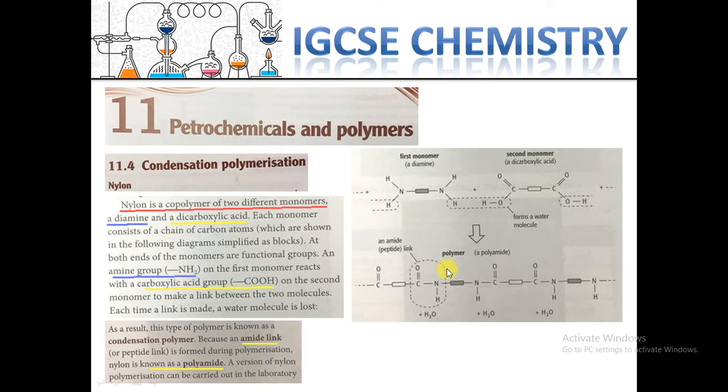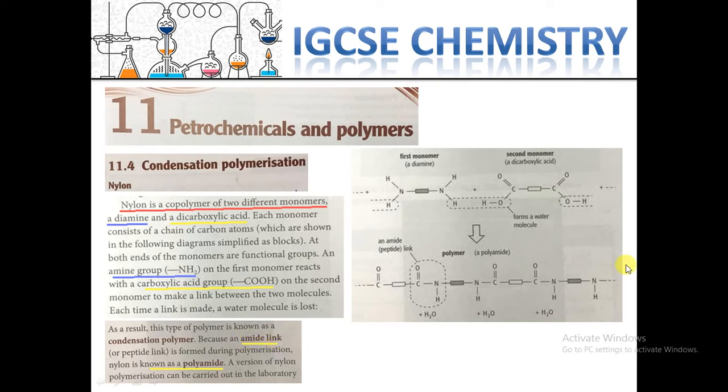Nylon is a polymer. You can see there is a connection between the amine group and the carboxylic group. The type of bond between the amine group and the carboxylic group is called an amide link.